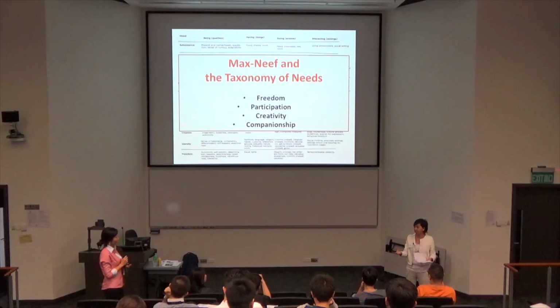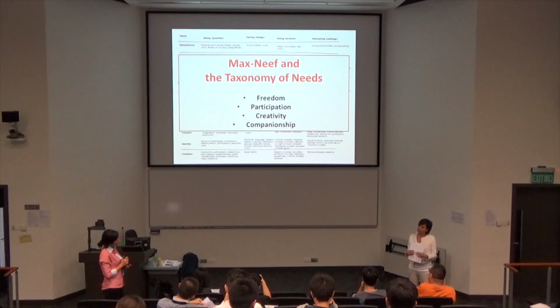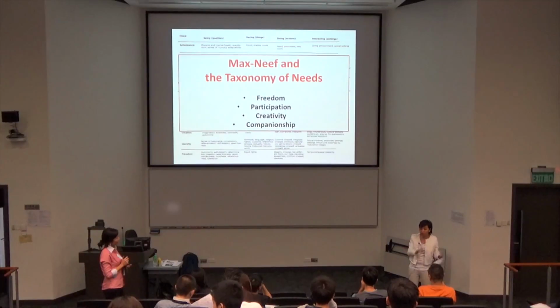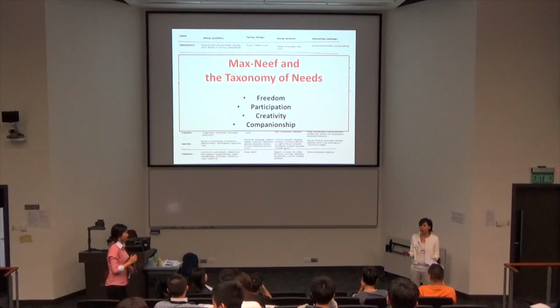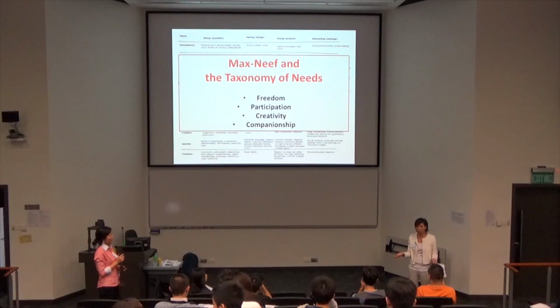So what he's saying is, how needs differ from wants is that a need remains constant. 100 years ago, you had a need for love, and 100 years later, you still have a need for love. Whereas 100 years ago, you might not have wanted a phone, but 100 years later, you might. So a need is something that's constant.